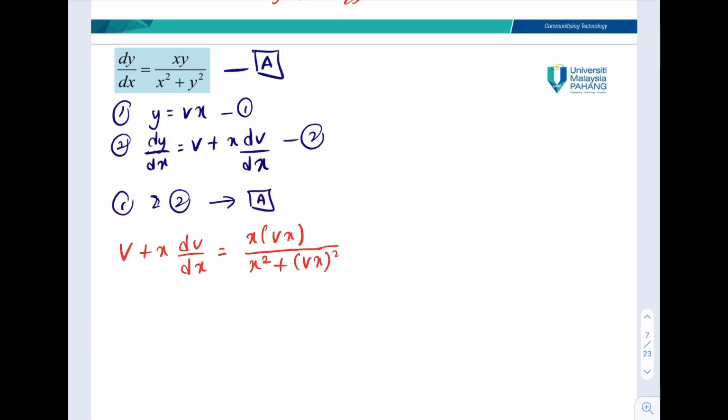Now expand and simplify as usual: vx squared over x squared plus v squared x squared.